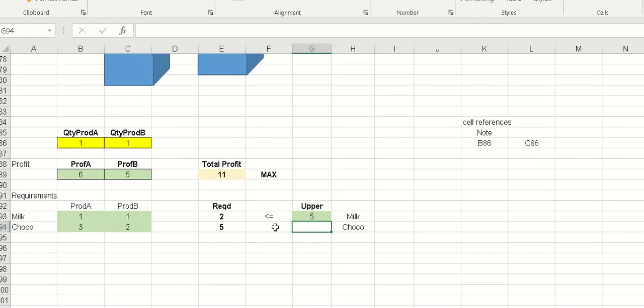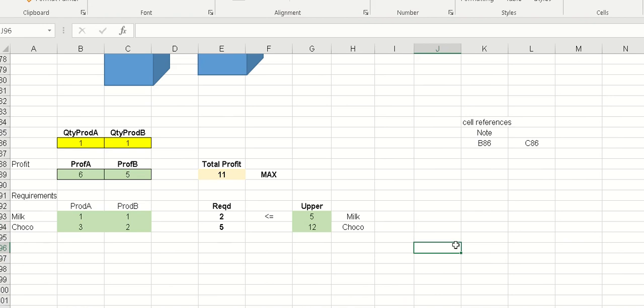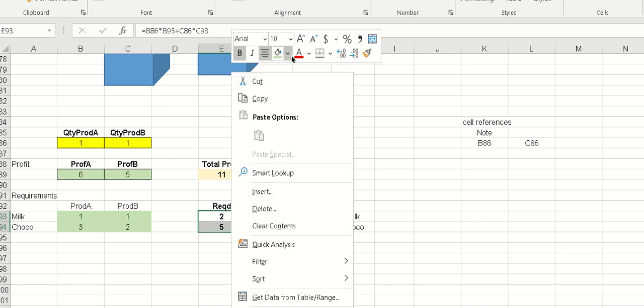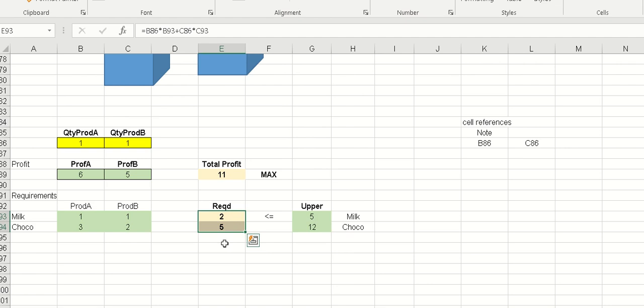Or 12. And I'm going to color this with green as well. If you notice now, class, these 5 and 12 are the upper limit. This is the required. And in the same manner that these are calculated as a result of calculation, I am also going to color this orange to remind ourselves that these 12 are requirement.